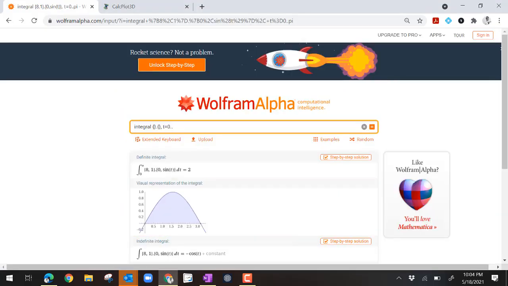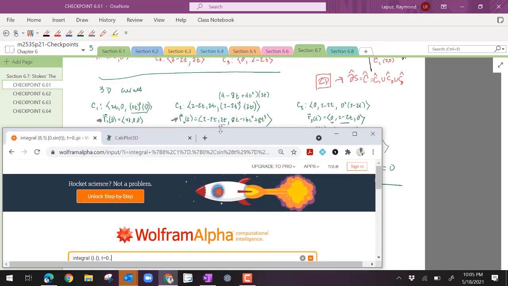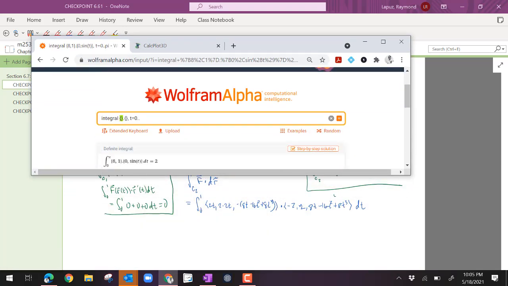But I'm going to do a little legwork here and just ask Wolfram Alpha to compute it for me. And what's neat about this is that Wolfram Alpha can use the literal dot as the dot product. And they normally use curly braces for vectors.